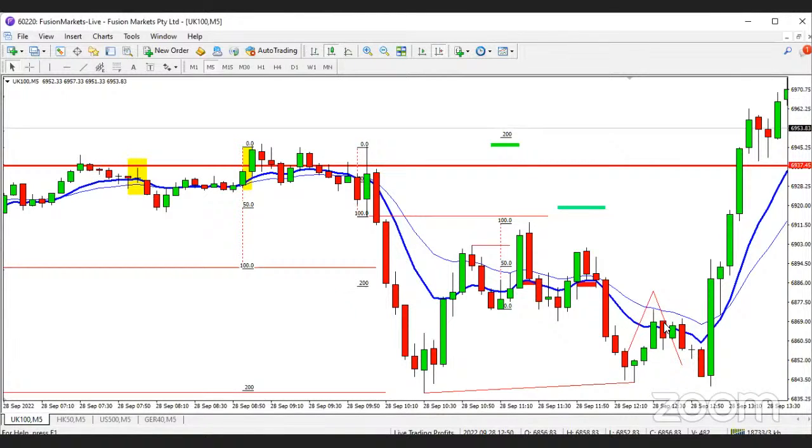But in this case, we didn't get that. That would have given us early confirmation of bullish strength. We didn't get that at that particular stage, but we then had this huge acceleration, confirmation of bullish strength.